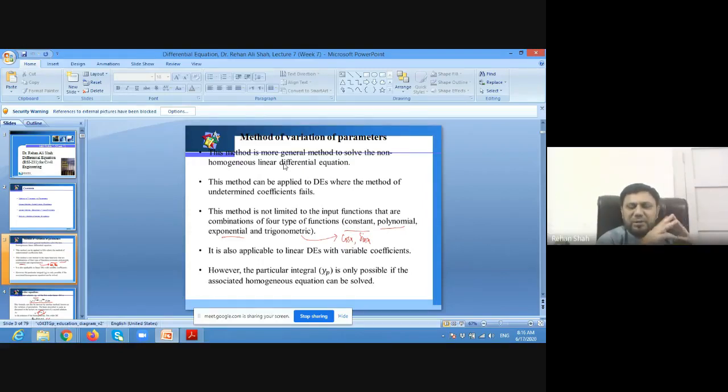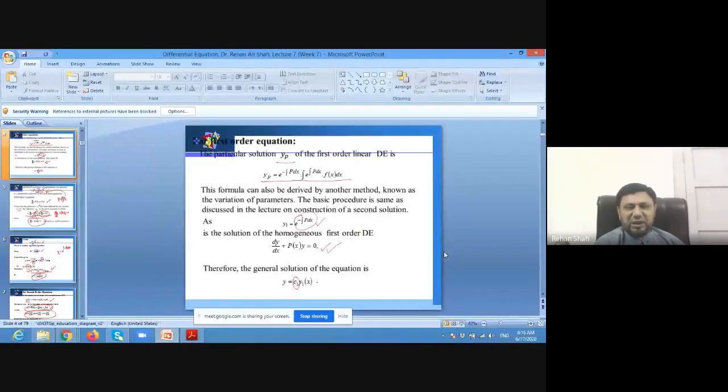Another thing is that this method can also deal with differential equations of variable coefficients. And the third thing is that the particular solution yp is connected with yc. If you can find the complementary solution, then you will be able to find yp using the method of variation of parameter. I think these are simple, general things.